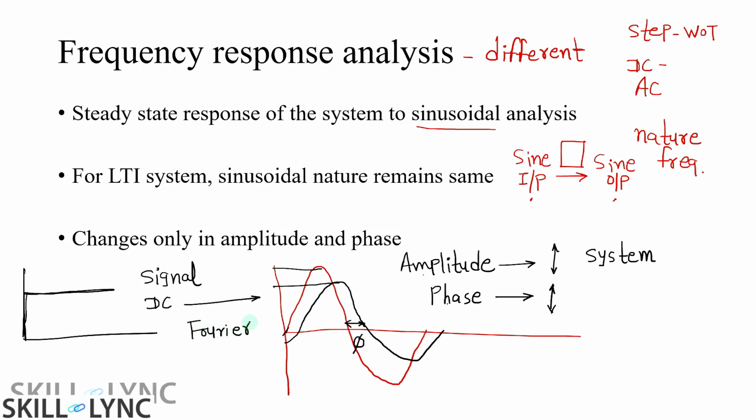The Fourier series is nothing but this DC signal is actually the summation of all different frequency components with the different amplitudes, right? So even if we consider zero frequency, that also can be analyzed with different frequencies, right?